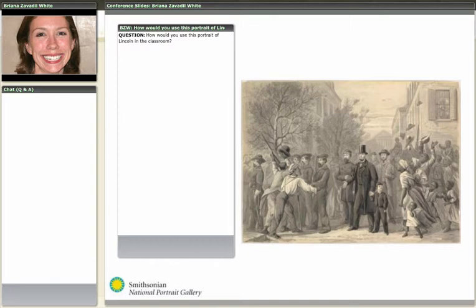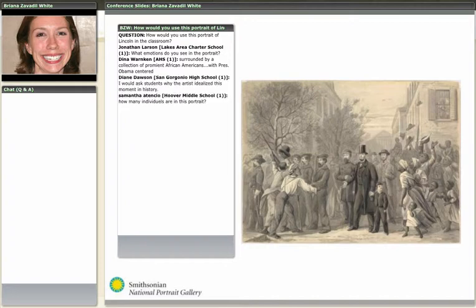Lincoln was not announced when he arrived. He just decided that he could not let this moment pass by without him being there, which is just such an incredible thing to think about. So you have this image again with your students. What might you do with it?